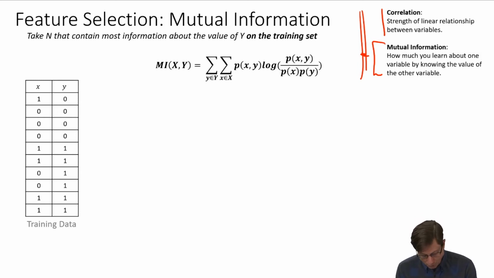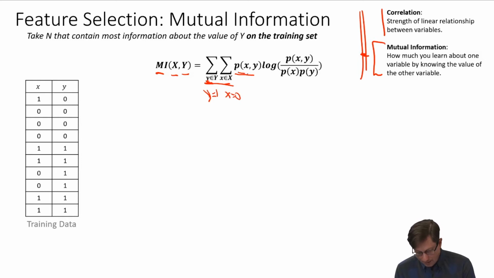It says the mutual information between a variable x and a variable y is that you sum over all possible values that they take. So in this case, everything's binary. You can get more complicated, but let's just do binary. Then you take the probability of that combination occurring. Since you're summing over these, you'd say the probability of y equals 1 while x equals 0.